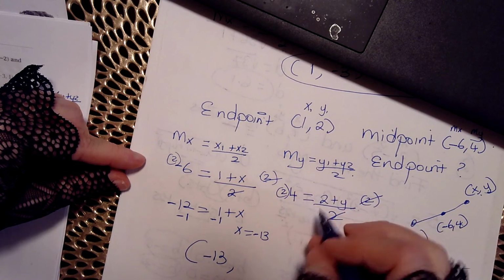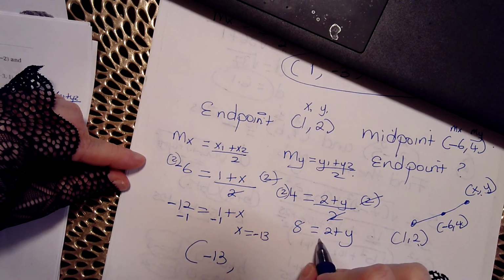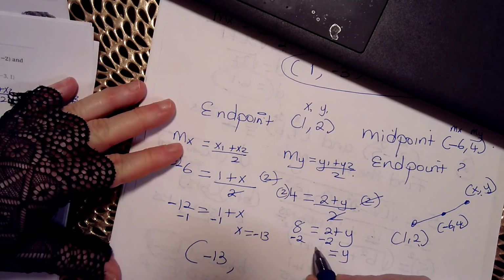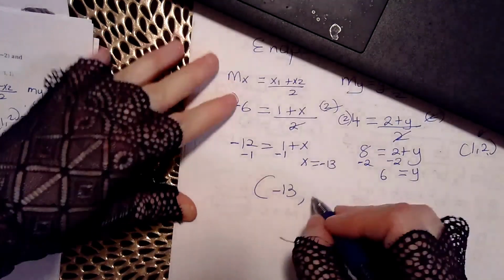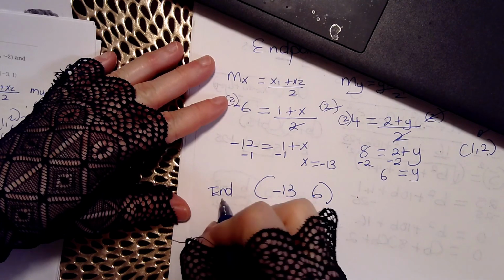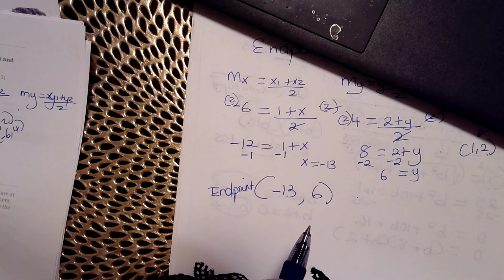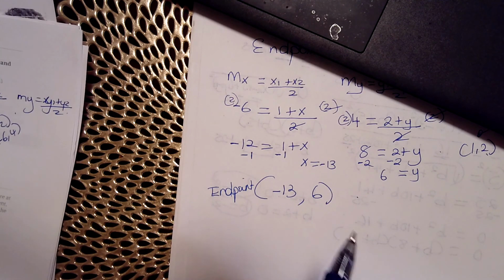That's 8 equals 2 plus y. Subtract 2, so y equals 8 minus 2, which is 6. So here we go. That other endpoint was (-13, 6). And that's how you set everything up to find it.